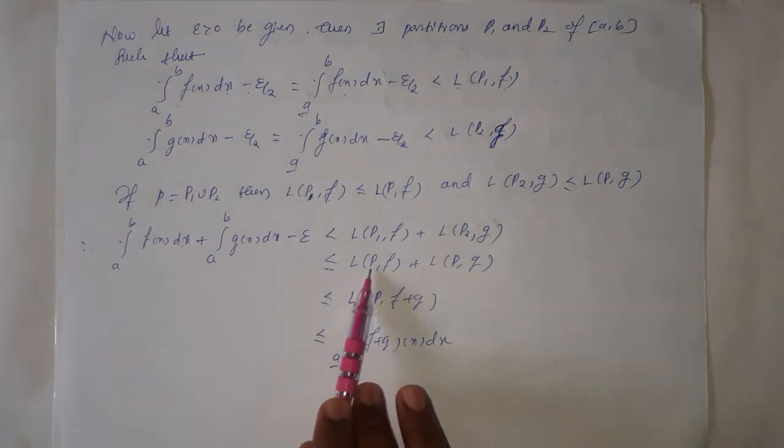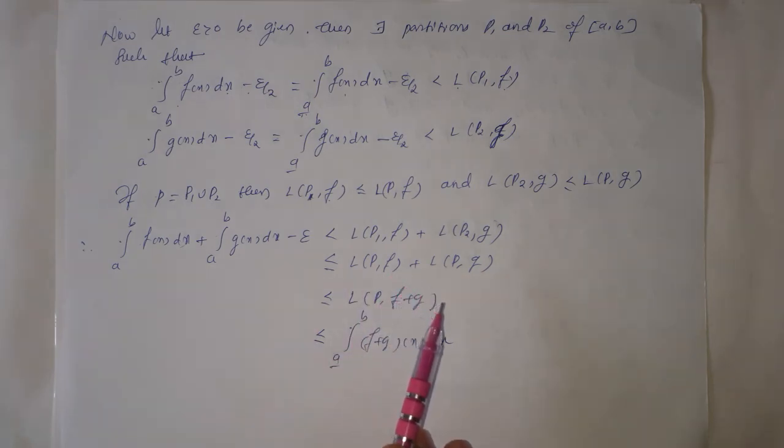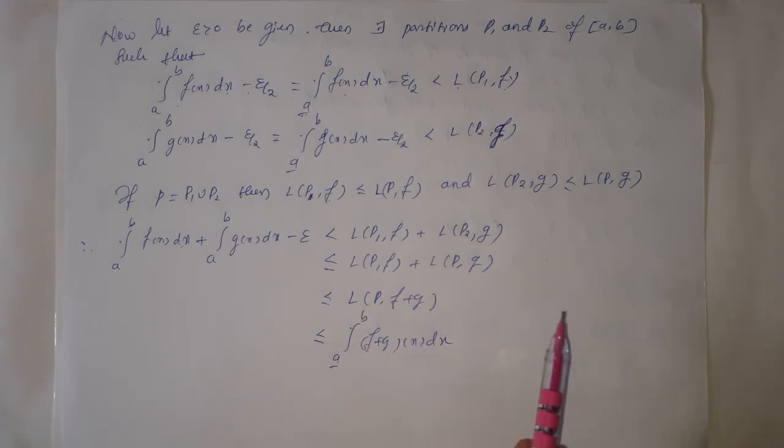We have already proved that UPF plus G is less than or equal to UPF plus UPG, and similarly LPF plus G is greater than or equal to LPF plus LPG.